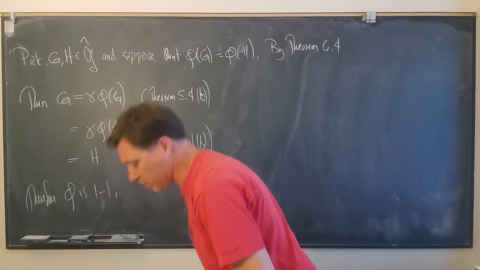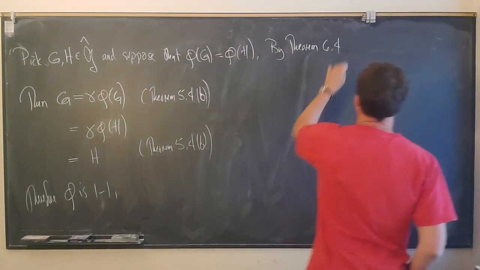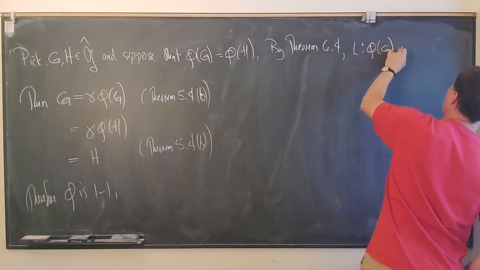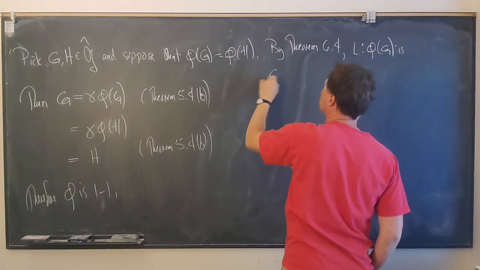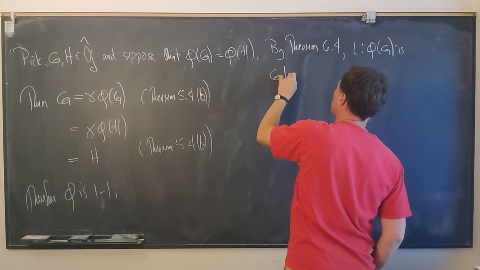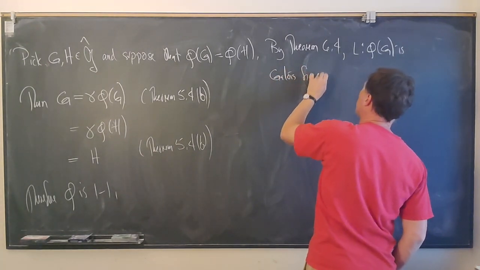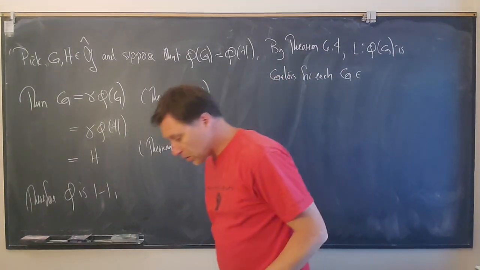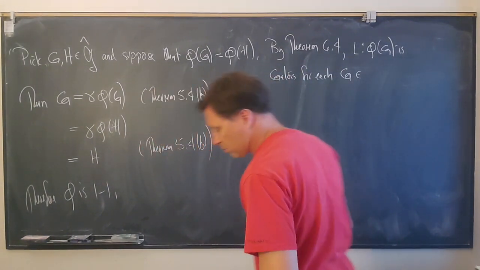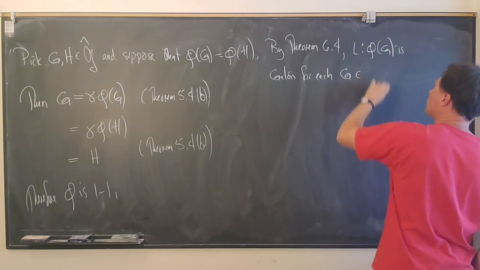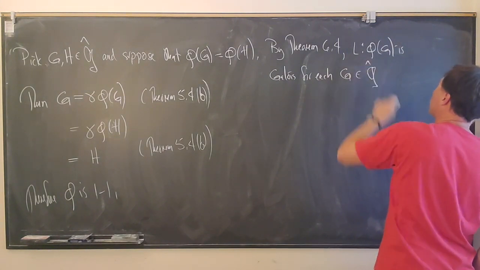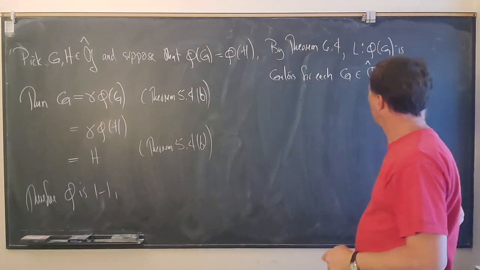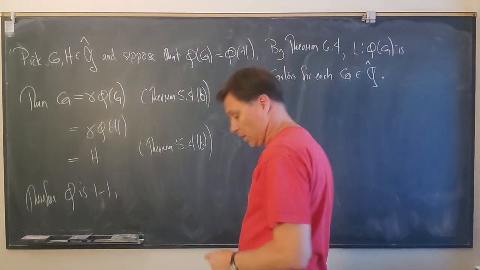Okay, so by theorem 5.4c, L over phi of G is Galois for each G in script G hat. So each subgroup, and that's just finiteness once again. Fine.